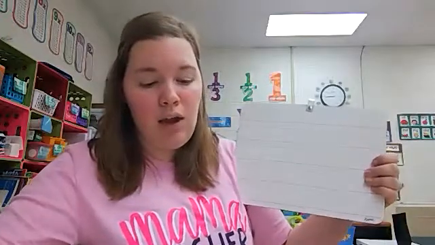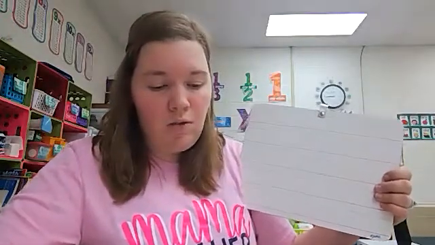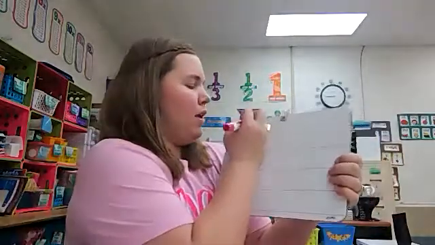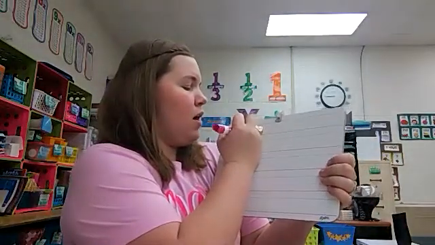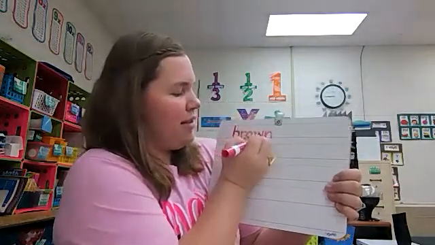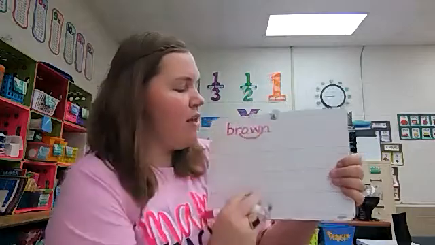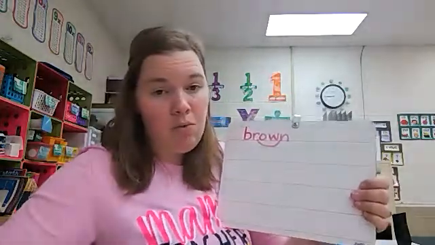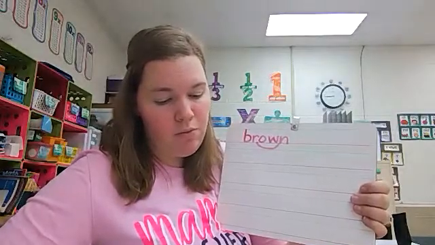These are irregular words. They're easy to read, but you need to memorize how to spell them. One of those irregular words is the color brown. There is the ow sound in the medial position, but it's spelled with O-W instead of O-U.